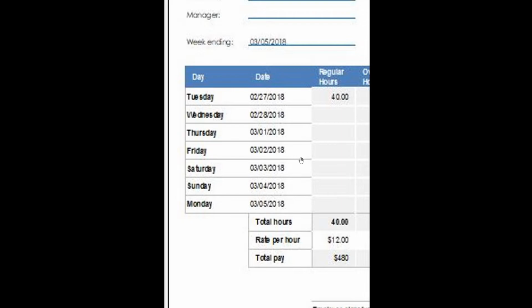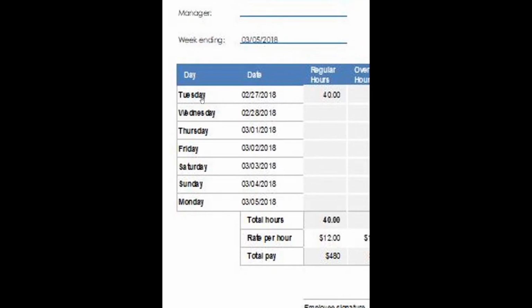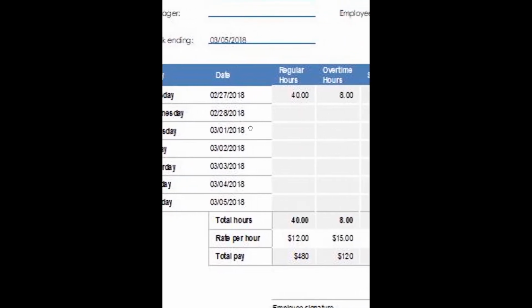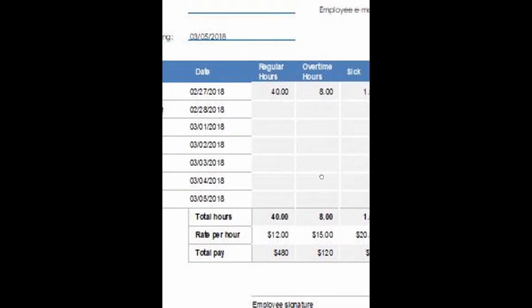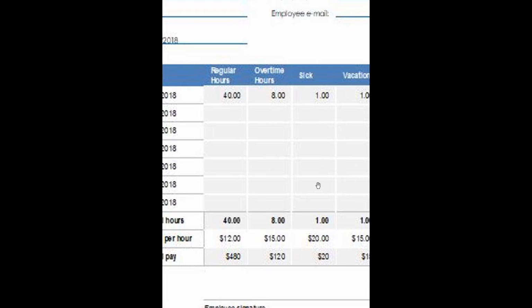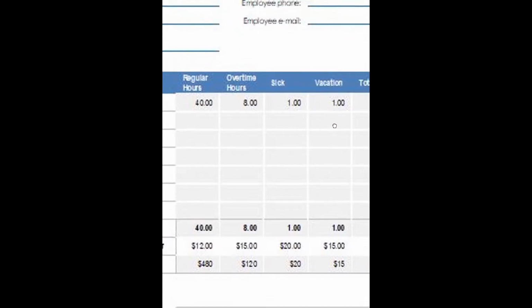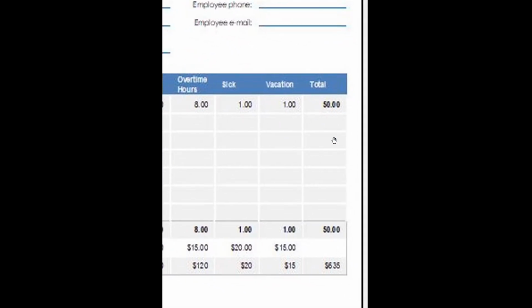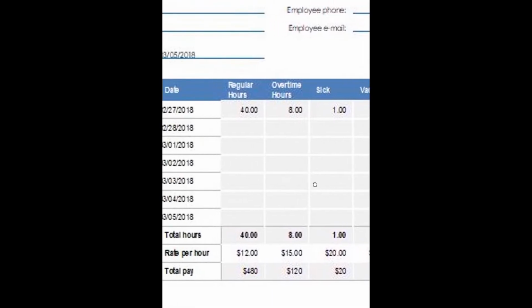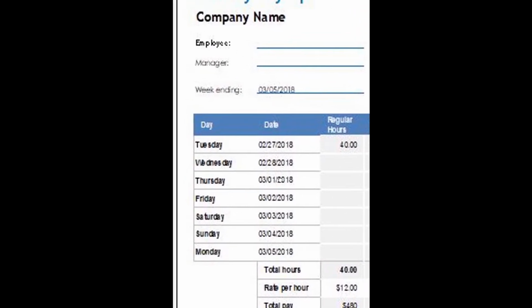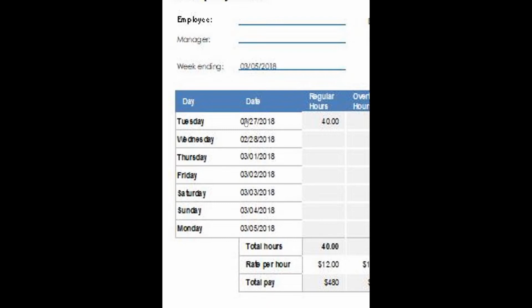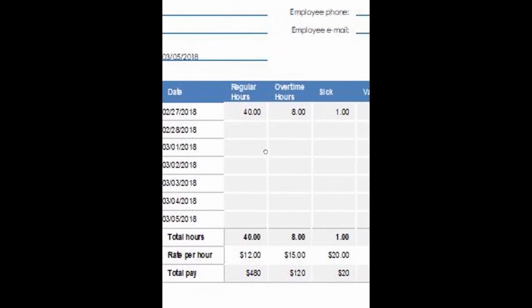And then you can see they've got the different days of the week over here. We've got the dates, the regular hours, the overtime hours, if the person was sick, if the person was on vacation, and then the total. So you can see over here for Tuesday, on that particular date, this person worked 40 hours.